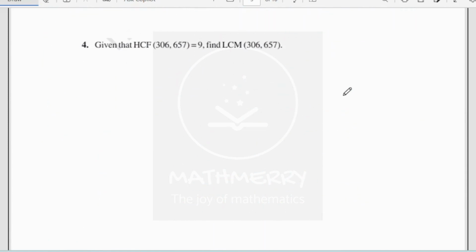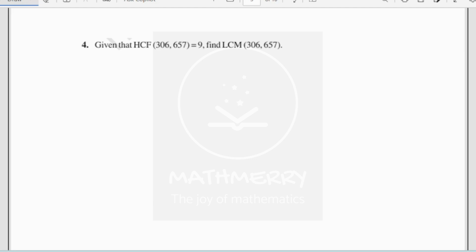Now the fourth question, it's a bit tricky, but if you know the formula, you can do it. When the two numbers and the HCF or LCM are given, we can find the other.